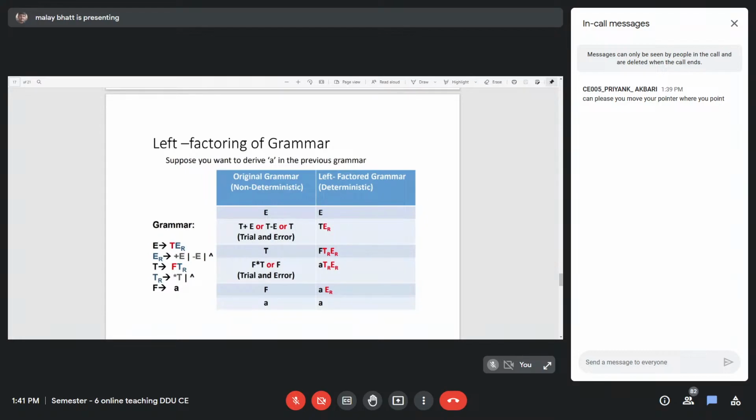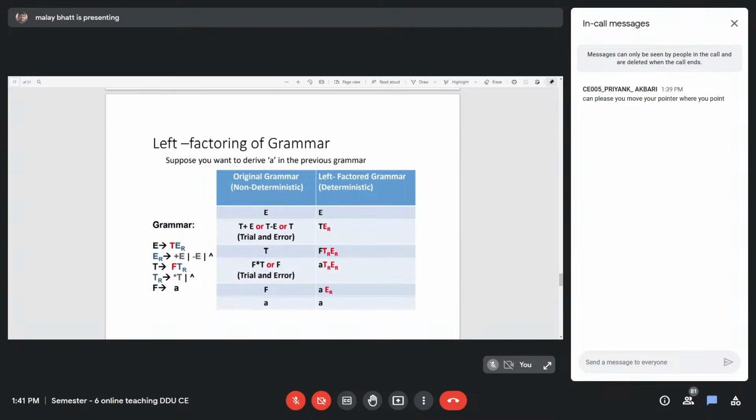We'll get TR, ER. Now we have already derived A. After that, it is the end of the input. As it is the end of the input, I will replace TR with null. So we'll get AER. Now we have already reached end of the input. So we'll replace ER with also null.